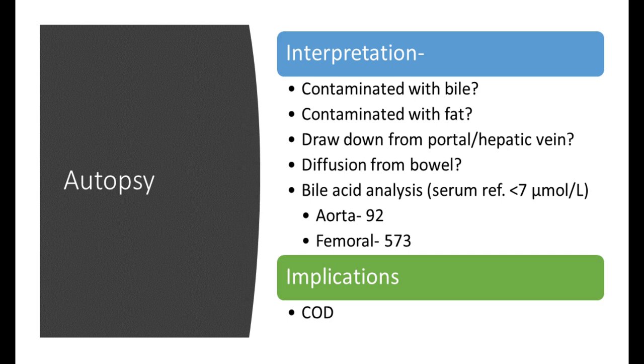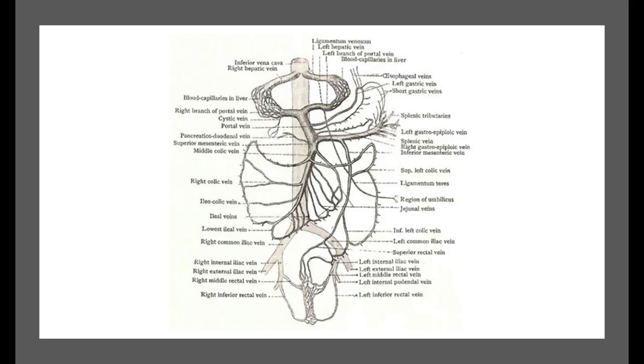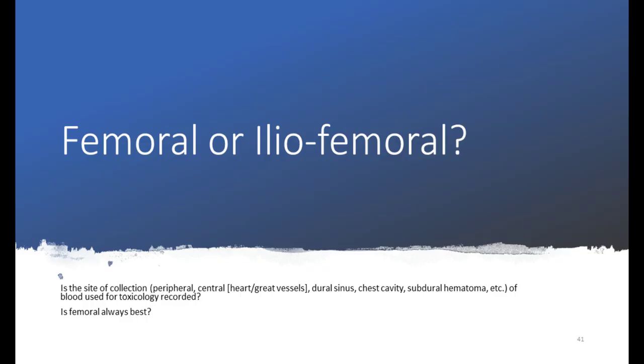But because there was a good investigation and because we had other samples in this case, the cause of death was attributed just to the oxycodone, because we showed that that is the most likely scenario, that the decedent had only taken oxycodone. This is a picture of the vessels showing you how they really are all connected. And if you pull down hard enough, you can pull blood from a more central location.